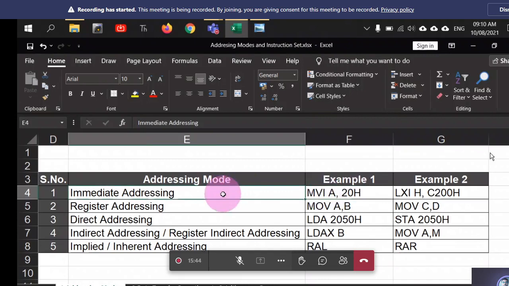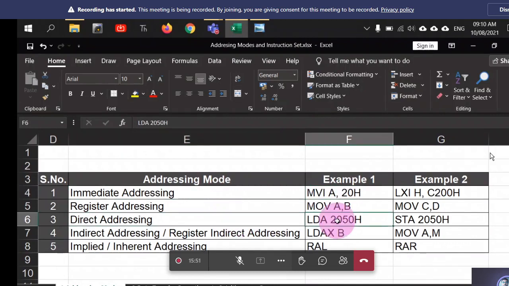If the address is directly available in the command, then it is direct addressing. A similar example could be STA 2050H. It also has the address already in the command, and this command will simply store the contents of the accumulator into externally interfaced memory whose memory location is 2050H, right?